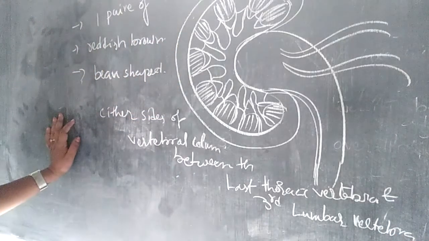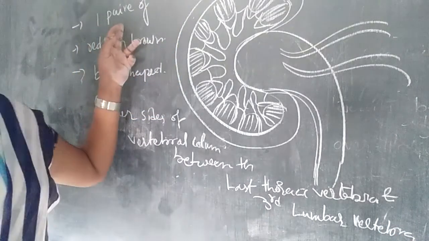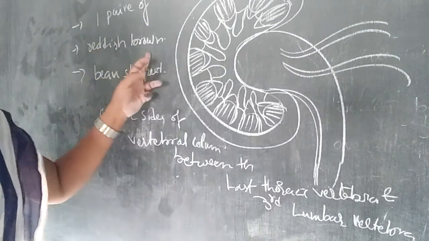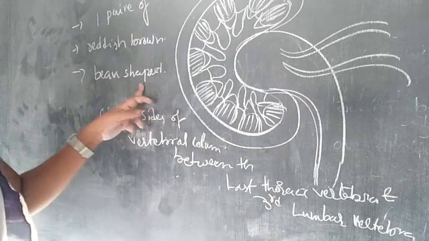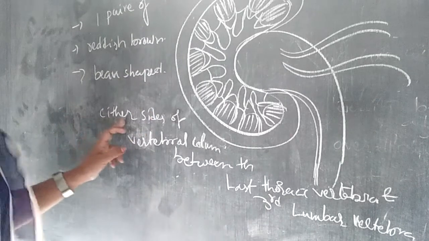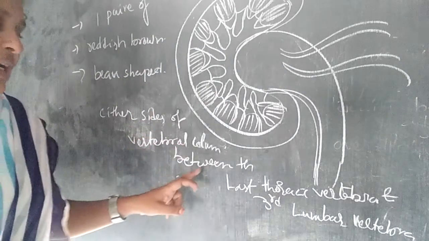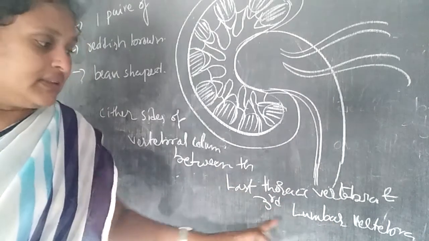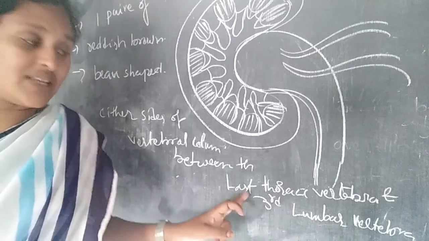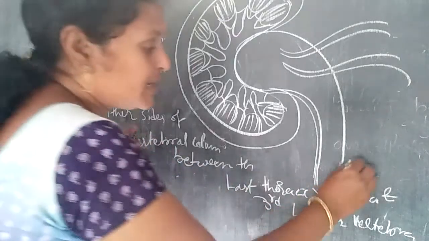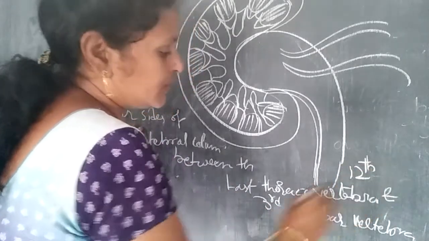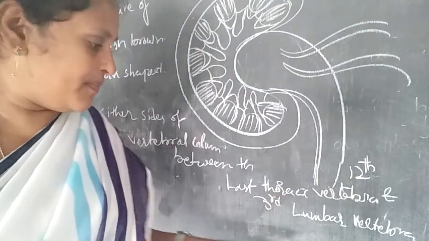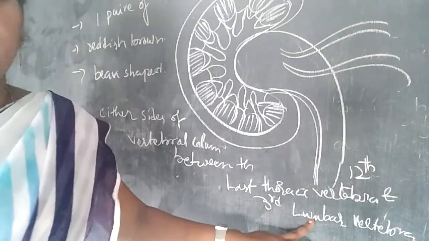So in the structure of the kidney, one pair of kidneys are present, reddish brown in color and bean-shaped. They are present at either side of the vertebral column, between the last thoracic vertebra, that is the 12th thoracic vertebra, and the third lumbar vertebra.